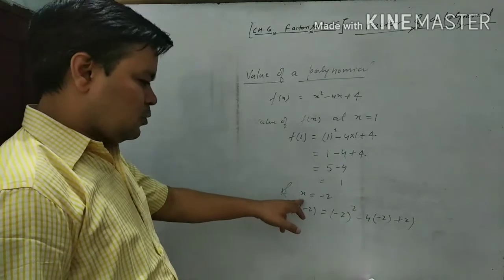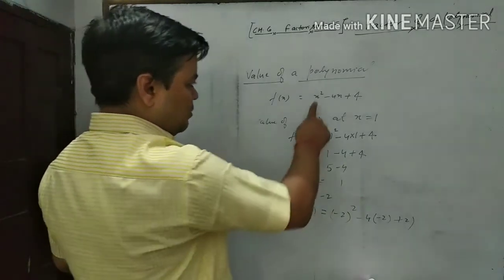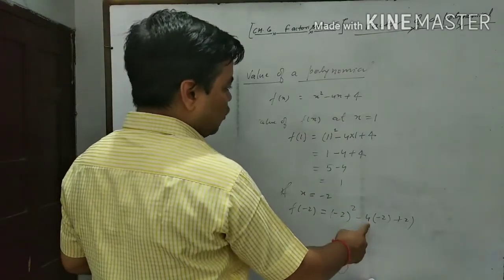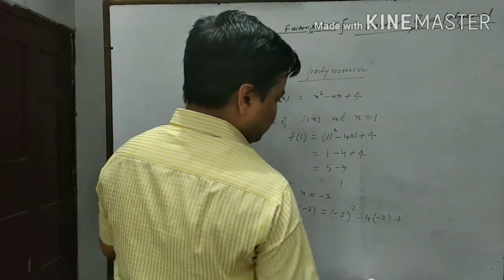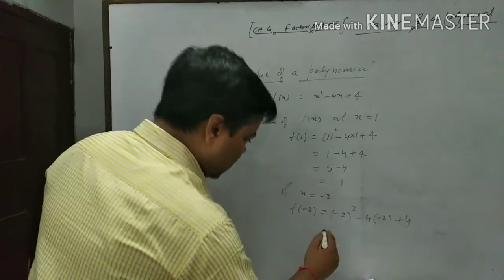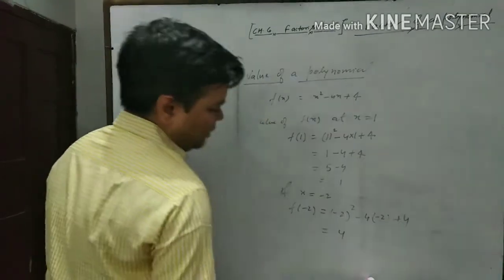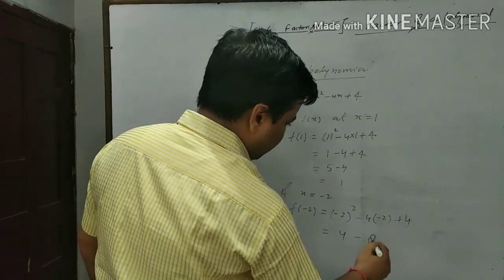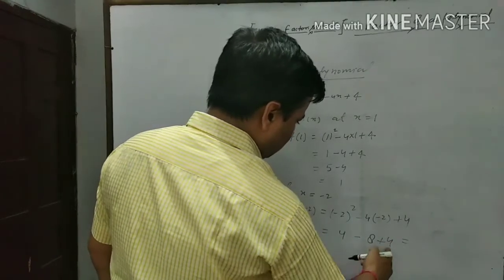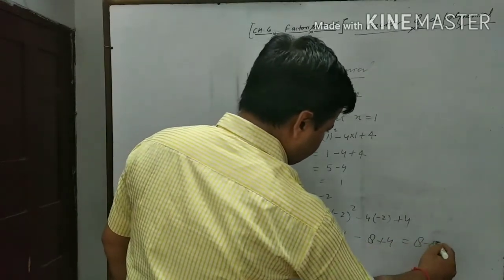Now the value of the polynomial at x equal to minus 2 will be (-2)² minus 4 into minus 2 plus 4. The square of minus 2 is 4, and 4 plus 8 plus 4, and 8 minus 8 is equal to 0.